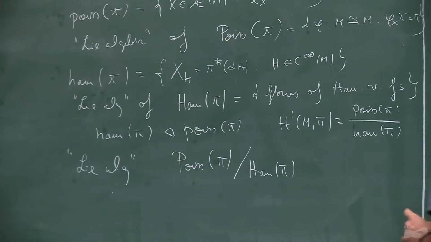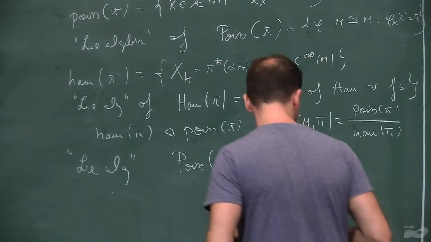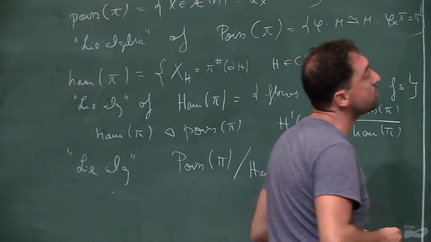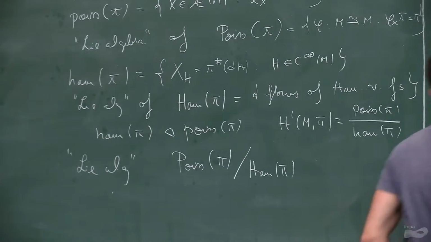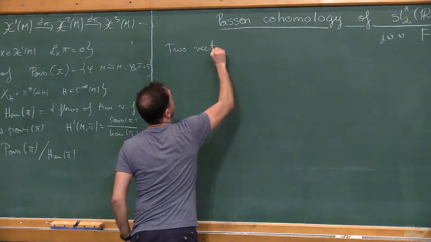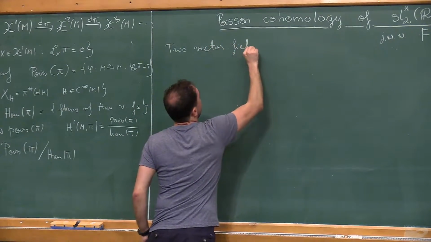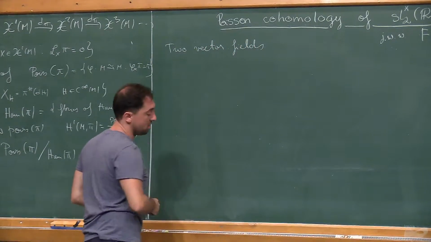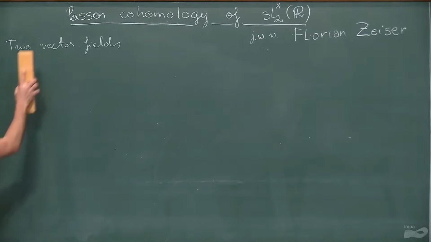Right. So now I'll go back to our example here. In this case, for SL2R, we build two vector fields. Or let me write it, two Poisson vector fields.